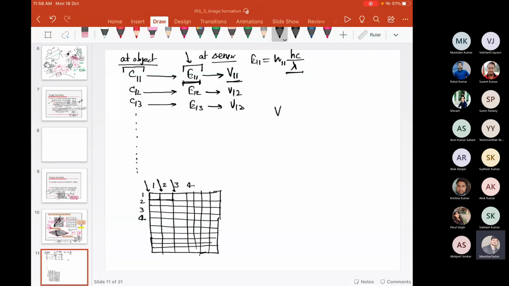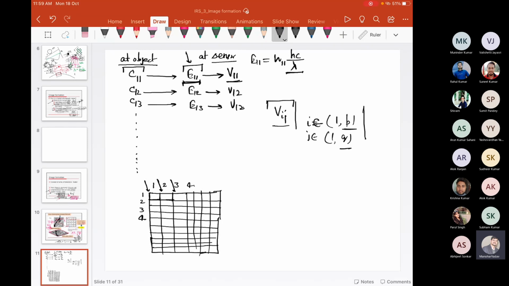For each cell we have a unique voltage component, represented by Vij, where i and j belong to, let's say, 1 to P and 1 to Q, where P represents the number of rows and Q represents the number of columns. N we have already used, so we use some other symbol.